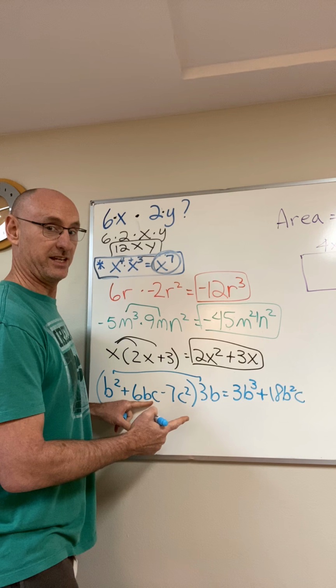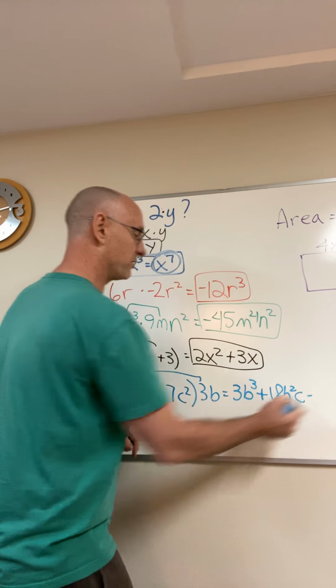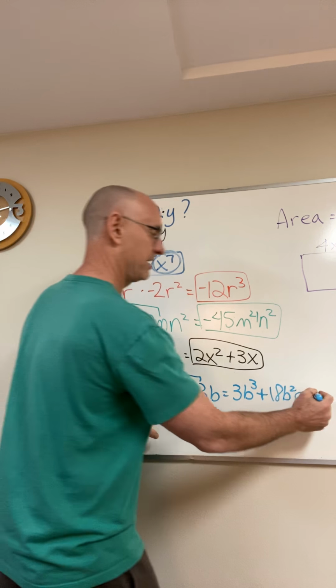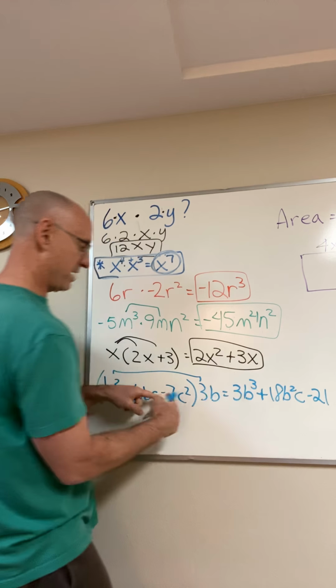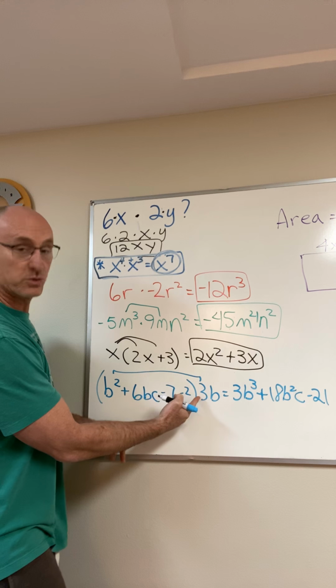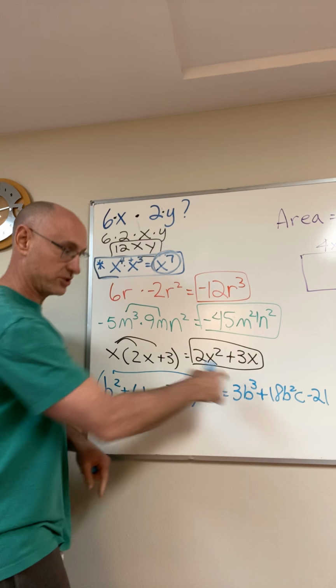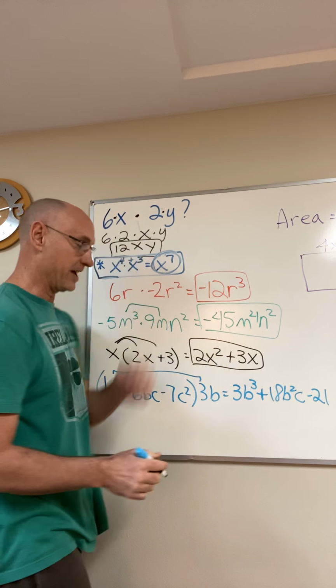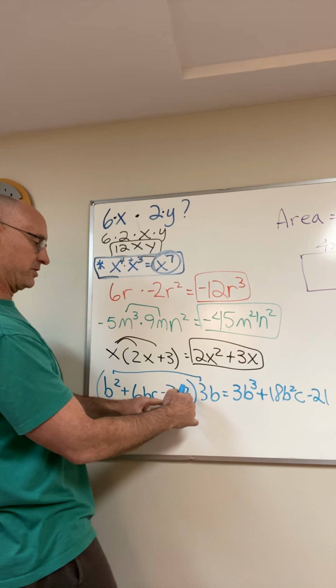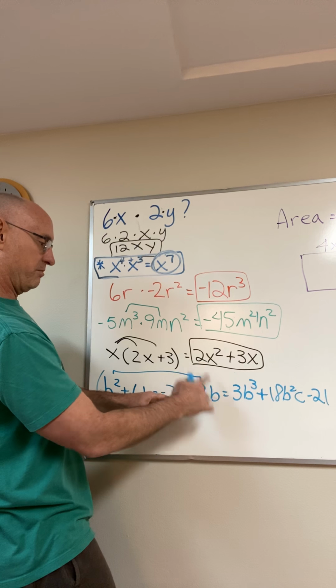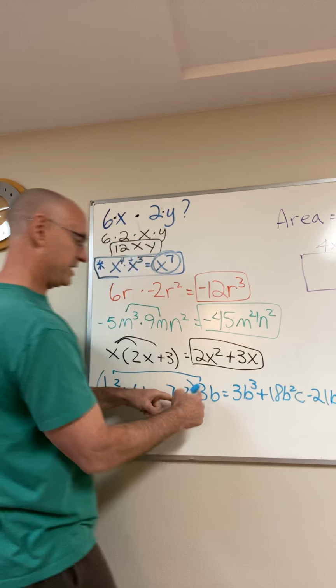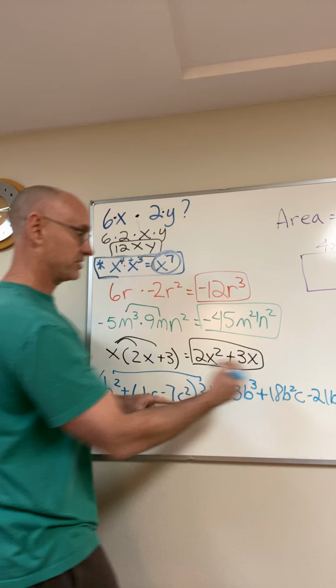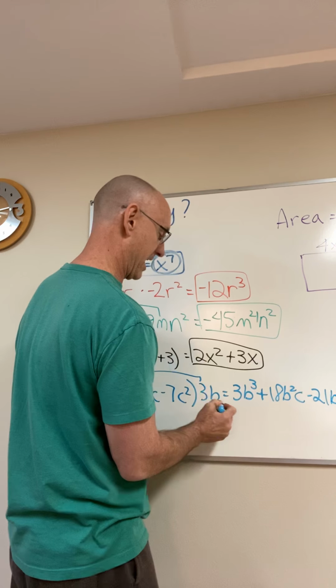Can you see that? And then the last one, 3 times 7, negative 21. I put a minus because of that minus. If this was negative 3b, it would change all these signs, but it's not. And then 3 times negative 21, b. There's no b here, but we're keeping it alphabetical. C squared goes in the back.